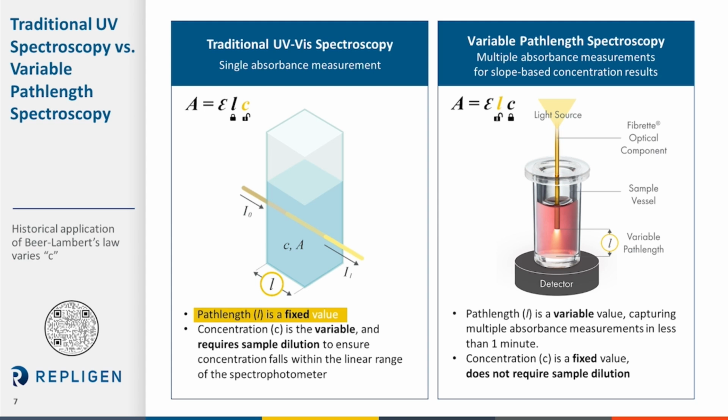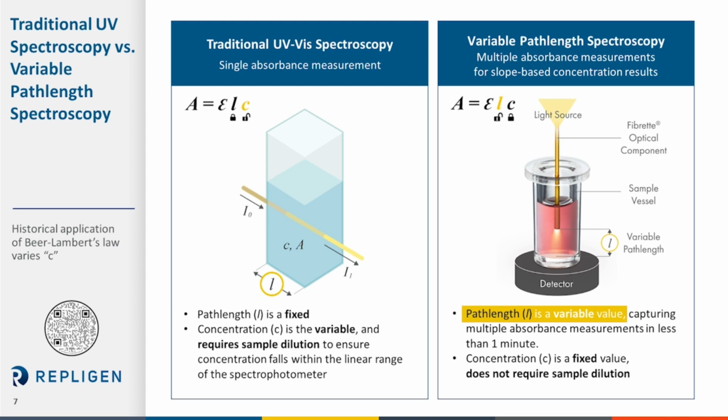You're stuck with a 1 centimeter cuvette, and if your concentration goes out of the range of the instrument, you're forced to dilute the sample, and it requires some analyst to do that work. In variable path length spectroscopy, we've unlocked path length. The light now shines through a fiber optic that we call the fibrette.